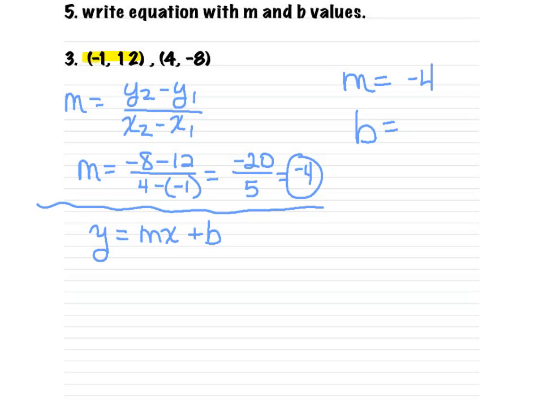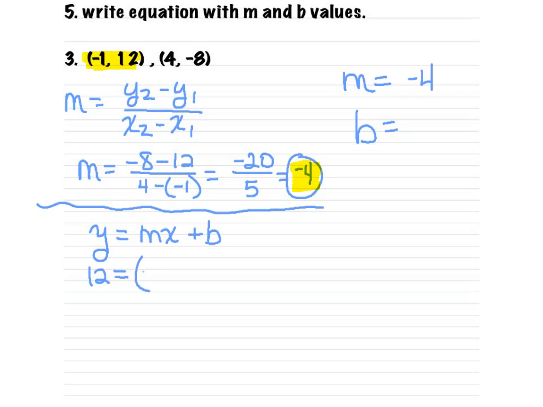I'll just choose the first one. No special reason. You can choose either one and it'll work the same way. So I'm going to choose negative 1, 12, and I also need to use my value for m and substitute. Okay? All right, so I've chosen the first point. So y is 12.